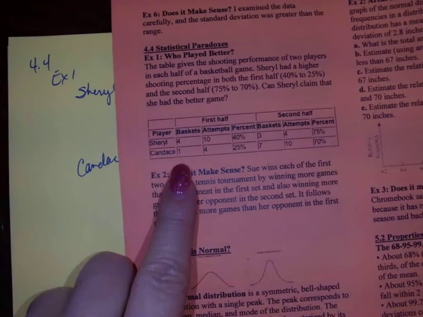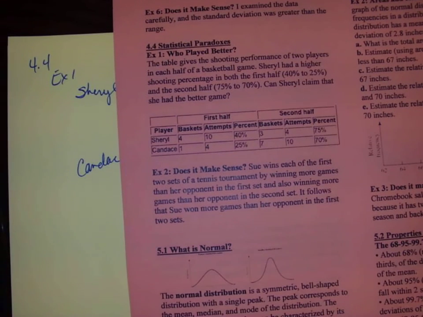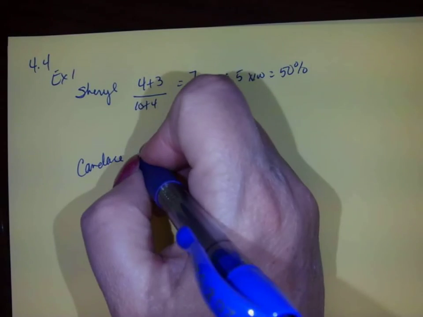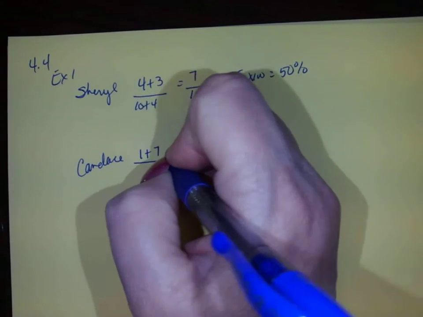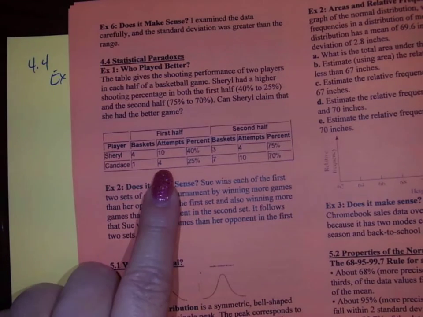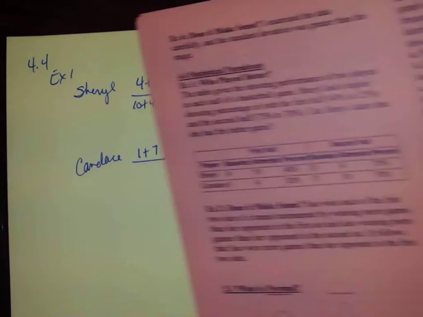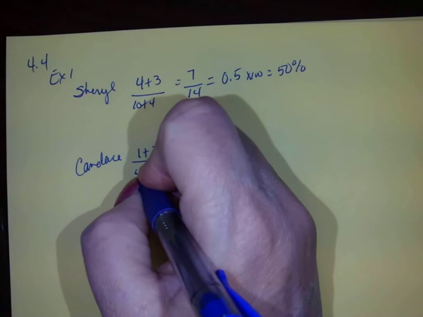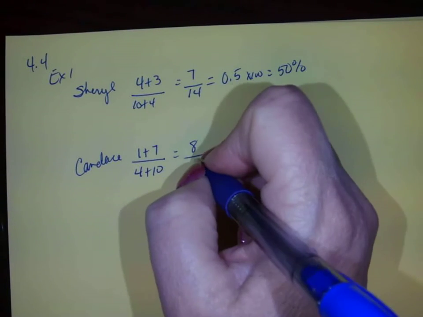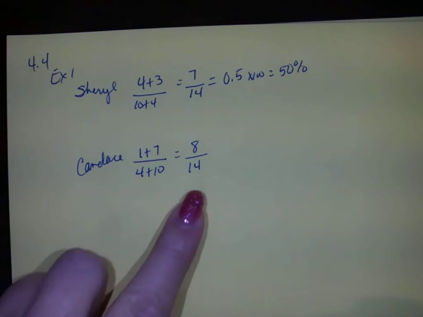Candace only made 1 basket in the first half, and she made 7 baskets in the second half. So she made 1 plus 7, which will get her 8 on the top. She made 4 attempts in the first half and 10 attempts in the second half. So she's got the same denominator, right?